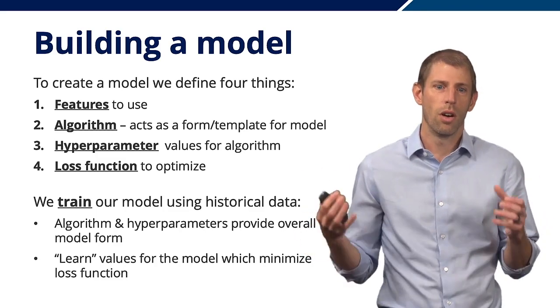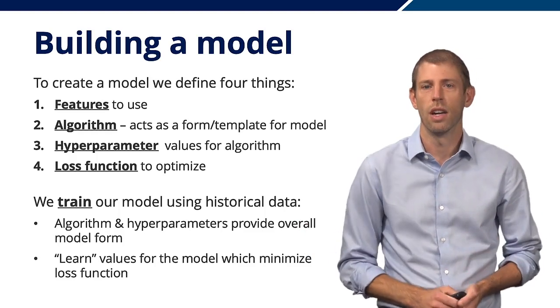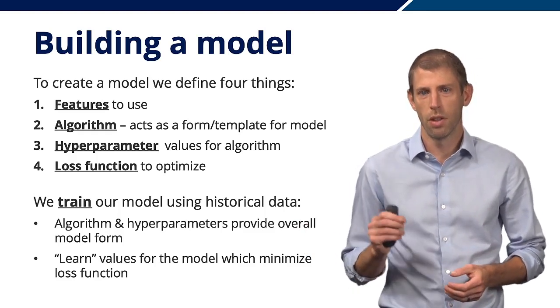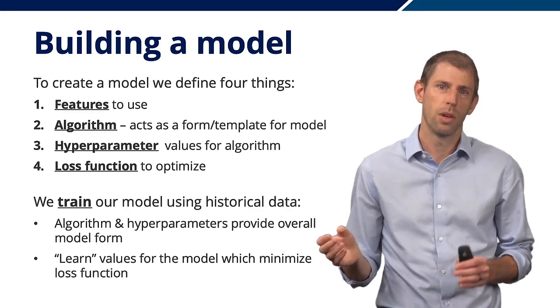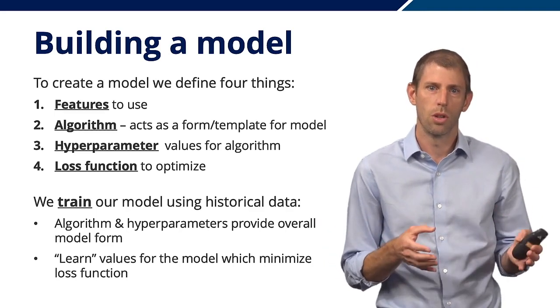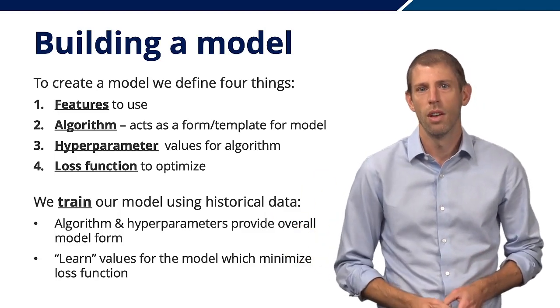Each algorithm also has a set of hyperparameter values that we then need to define. You can think of hyperparameter values as knobs that we can turn on our algorithm to make our algorithm more simple or more complex to best fit our problem.